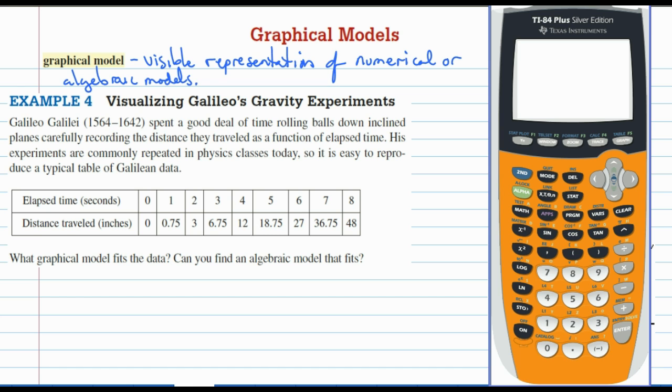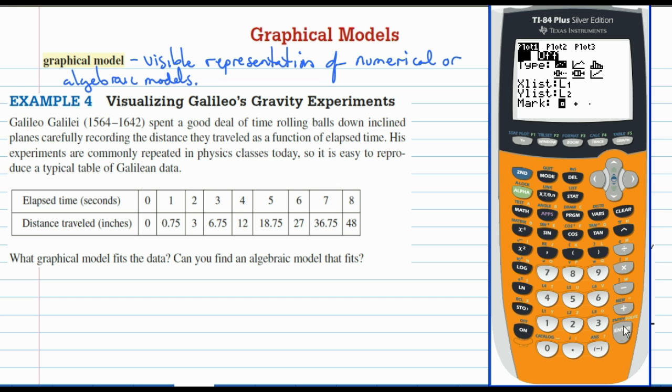So first of all, if you remember, go to Stat, Edit, and please type in all the data into your calculator. Pause this, I will wait. After you've typed in all of your data, we're going to come up with a graphical model. So you go to Second, Stat Plot, which is the y equals key, and you turn your plot 1 on.